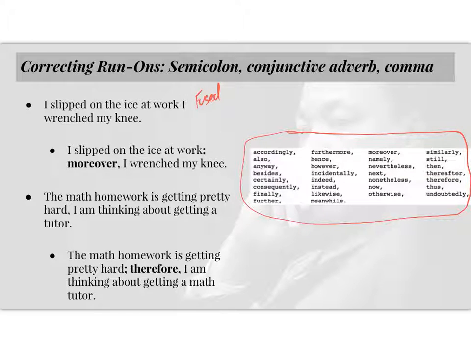Did I wrench my knee? One idea, two ideas. So I can fix it by adding a semicolon, a conjunctive adverb, and a comma. So essentially, when you're fixing these sentences, you're saying an independent clause, semicolon, conjunctive adverb, comma, independent clause. And then the conjunctive adverbs are right here.